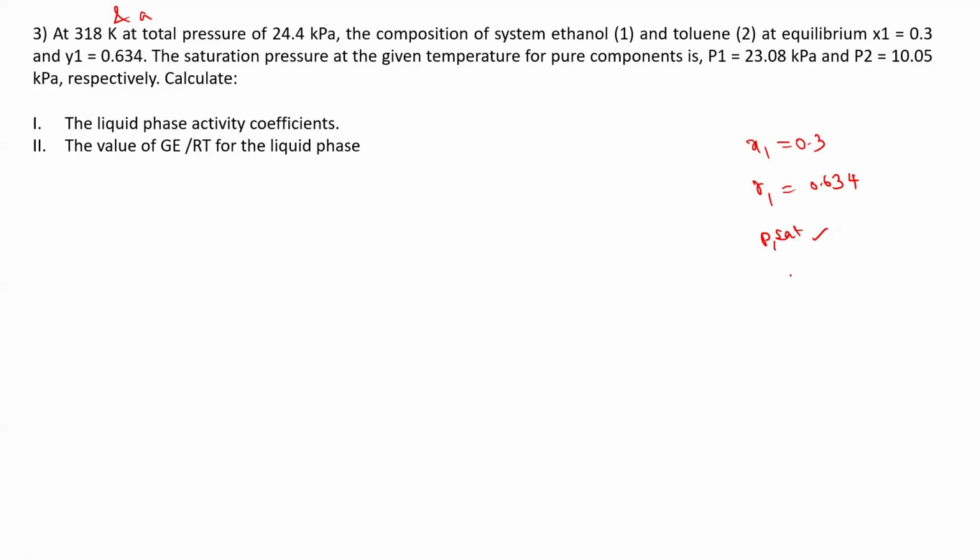P1 sat is known, P2 sat is known. Now, we want to calculate the liquid phase activity coefficient. So, the same thing we are following, x1 gamma 1 P1 sat is equal to y1 P. And we know the total pressure also, which is 24.4 kilopascal.